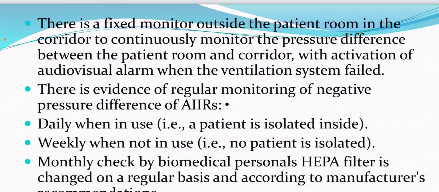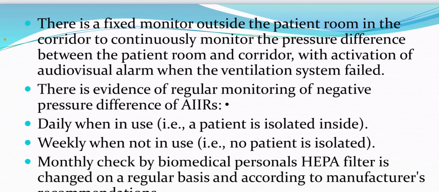There is a fixed monitor outside the patient room in the corridor to continuously monitor the pressure difference between the patient room and corridor, with activation of audio-visual alarm when the ventilation system fails. I hope everybody knows the monitor is fixed outside all negative pressure rooms.